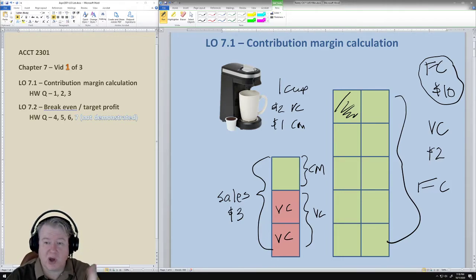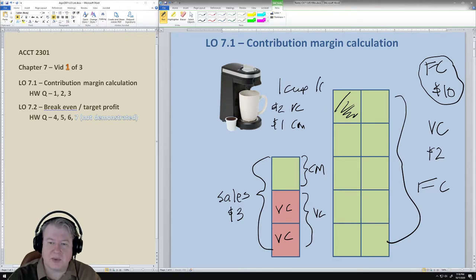We've only contributed $1. So without trying to figure out a big calculation, just think about it in your head, how many cups of coffee would I need to sell to pay off the rental of the K-cup machine every day? Well, it's pretty obvious. I'd have to sell 10 of these cups of coffee, right?